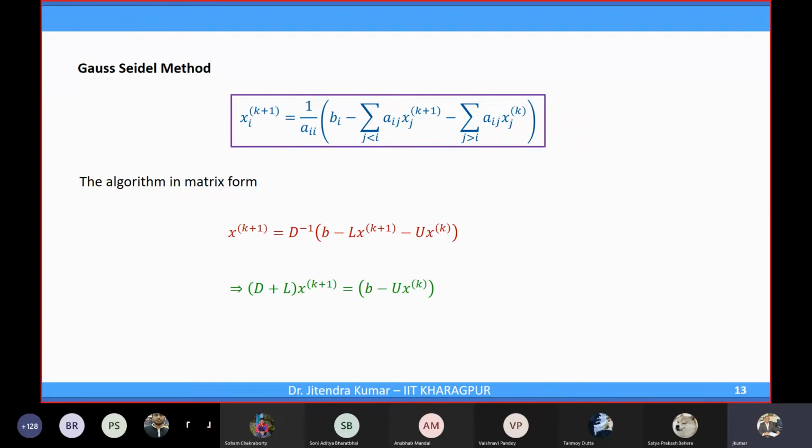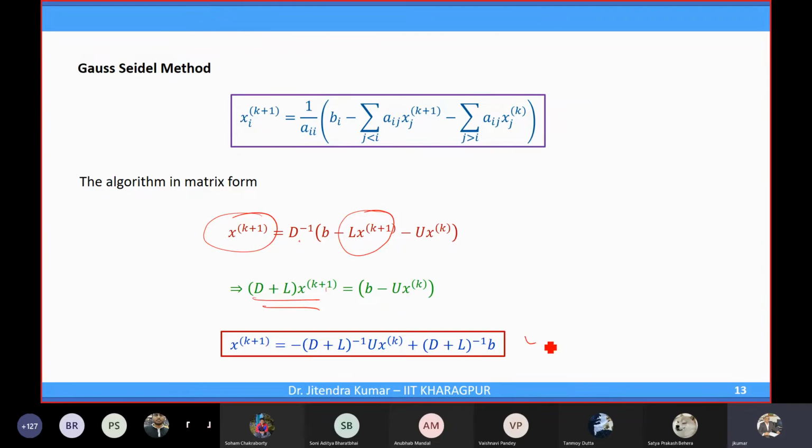And finally, because this is also Lx_{k+1}, you first multiply by D to the whole equation, then you have (D+L)x_{k+1}, and then finally you have this equation: x_{k+1} is equal to minus (D+L) inverse Ux_k plus (D+L) inverse b.